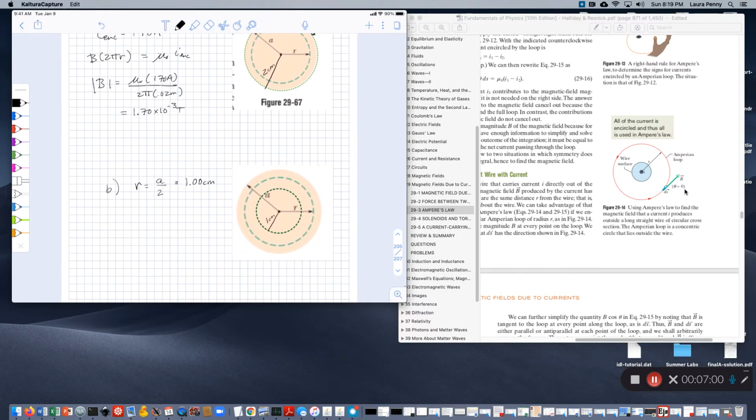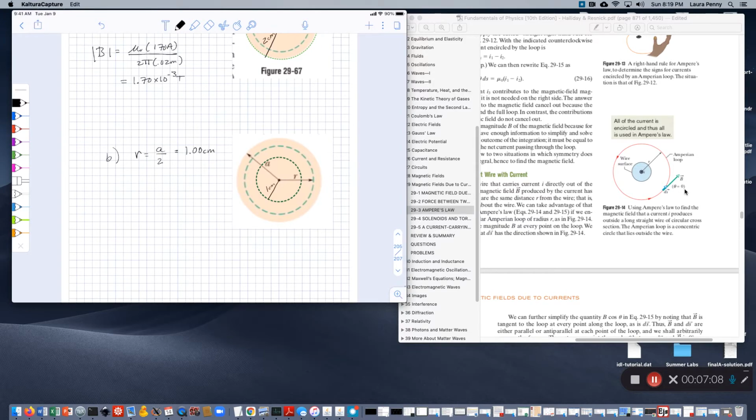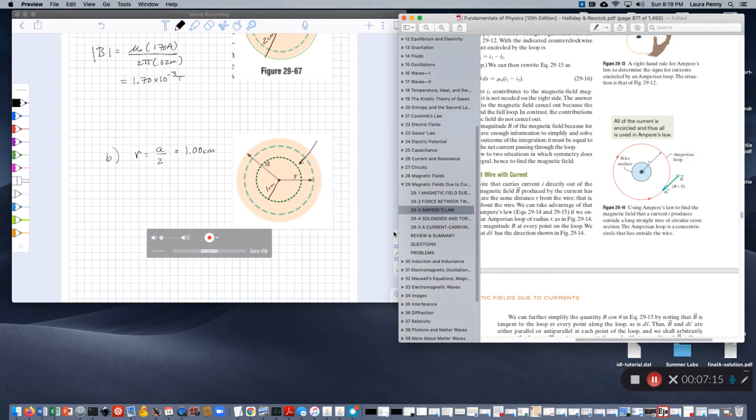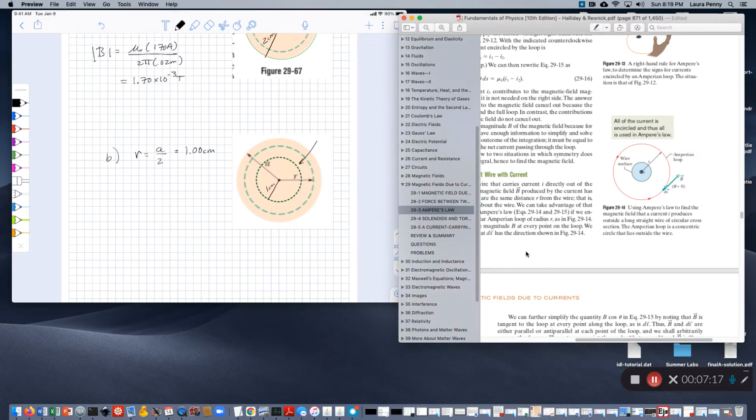All right, this is actually the hardest one. Part B, it says we're at an r where we're halfway out. We're inside our loop. So here's my Amperian loop now. I love that term, Amperian loop. So I have to figure out how much current is enclosed here. It's not all of the current.